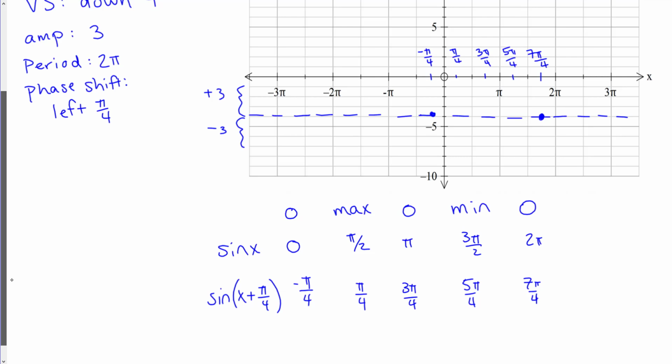At pi over 4, I'm at my maximum. So that means at pi over 4, I'm 3 units away from that horizontal axis. At 3 pi over 4, I'm back at 0 again. So right here. Then at 5 pi over 4, I'm at a minimum, so I'm 3 units below that horizontal axis. And then at 7 pi over 4, I'm back to the horizontal axis again.